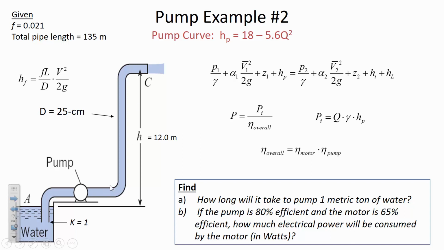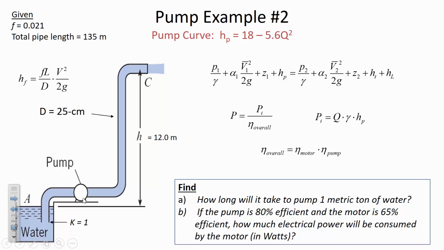All right. What I'd like you to do is go through the process of developing a system curve. And remember, the system curve is just use the energy equation, rearrange it in terms of H sub P on the left side. And the reason why you're rearranging the energy equation in terms of H sub P is that you're then going to set it equal to the pump curve.